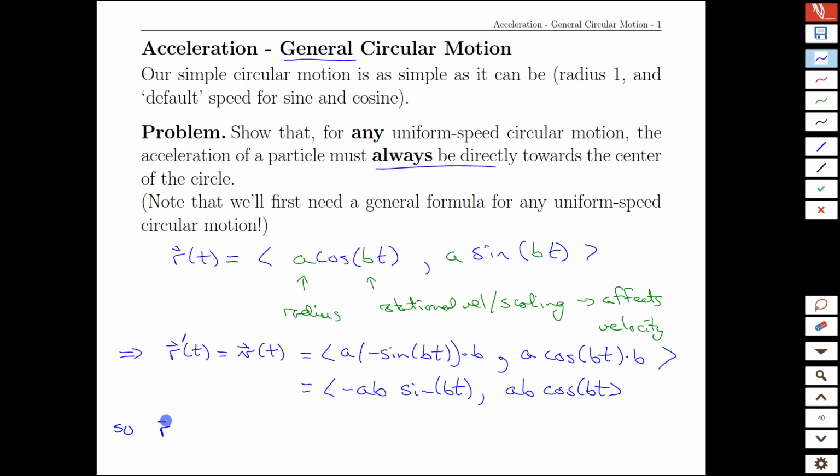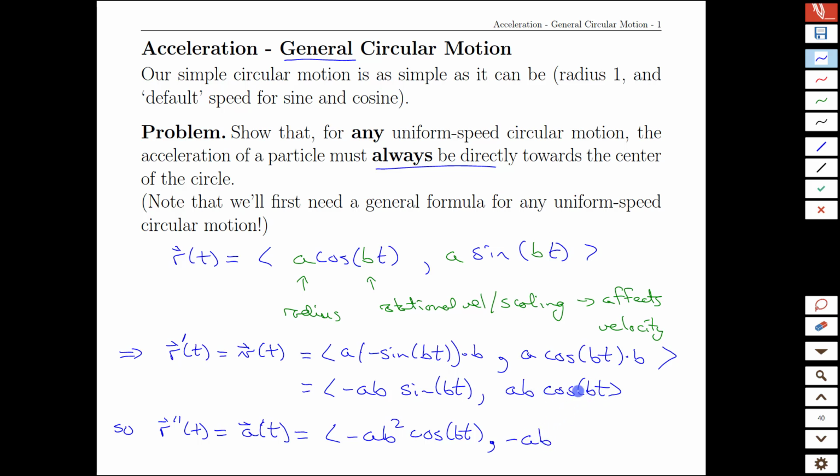And so our second derivative, which is equal to acceleration, is going to equal, same rule, we're going to get a b multiplier out, so it'll be negative ab squared, derivative of sine is cosine, and derivative of cosine is negative sine.